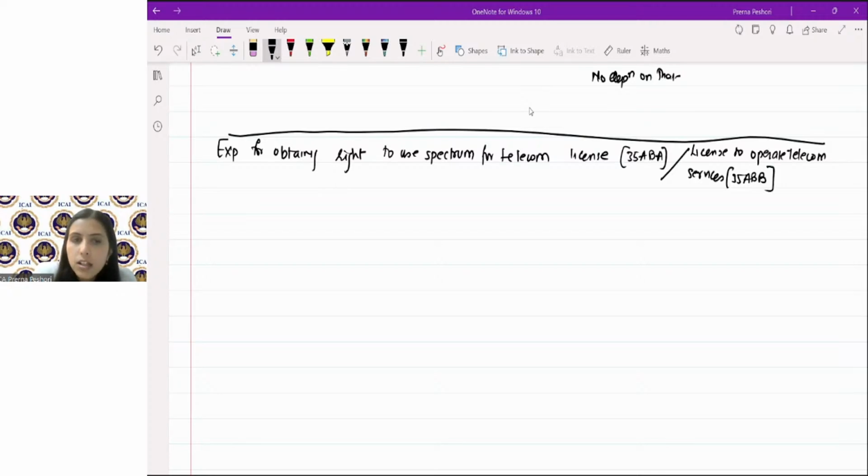Right? So in that respect, there is a deduction allowed under 35ABB and 35ABA. Clear? So 35ABA is spectrum license, 35ABB is telecom license.